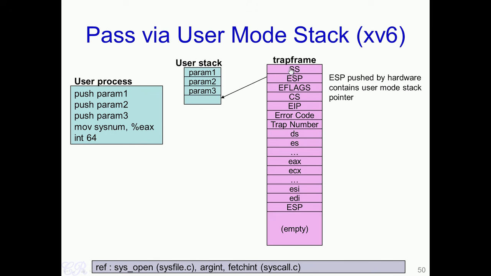These are the stack segment and the stack pointer, and these registers correspond to the user space stack. As we know, before the INT 64 was executed, the last known stack pointer was pointing to this particular location, and therefore, the contents of ESP will also point to this location in the user space stack. In this way, the kernel will then use the SS and the ESP from the trap frame to determine the various parameters for the system call.